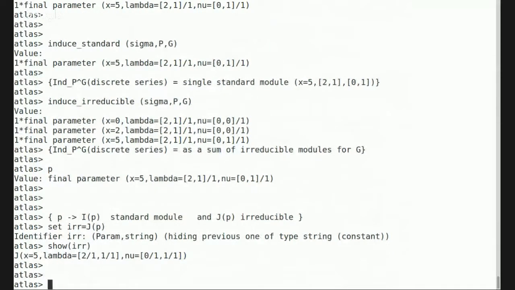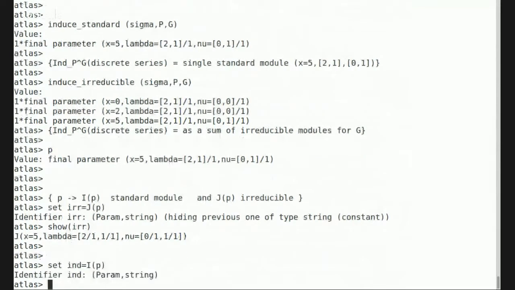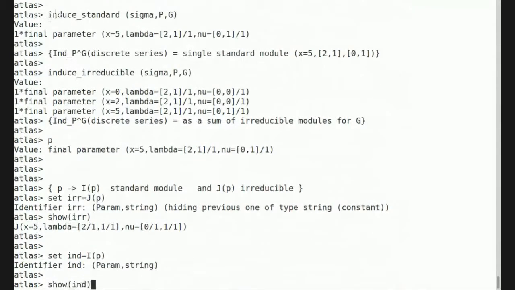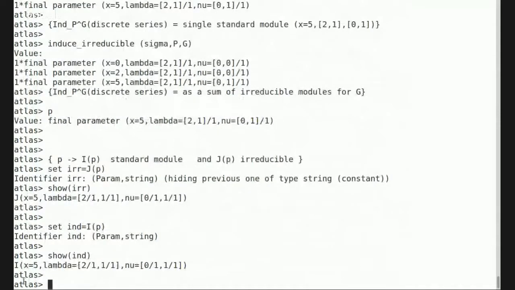On the other hand, I can set I, or let's say IND, to be I of P. And if I show this, I see that this is I, standing for a standard module with this given parameter. Okay. And now the advantage of this distinction is that it helps you to know what you're talking about.